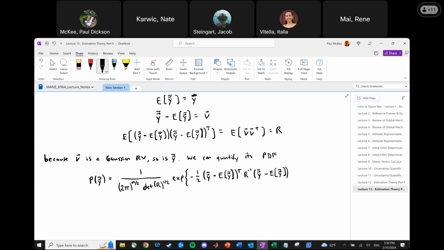And as a reminder, the expected value of Y is just Hx. So this is the equation that lets us characterize the probability of our measurement. So this is the PDF of the measurement vector, okay?